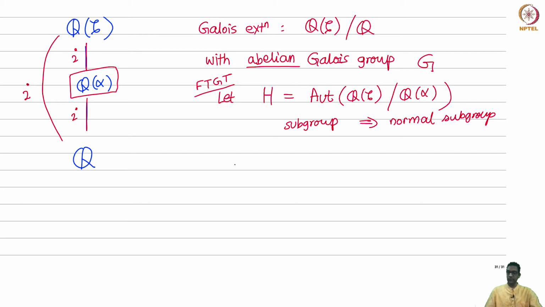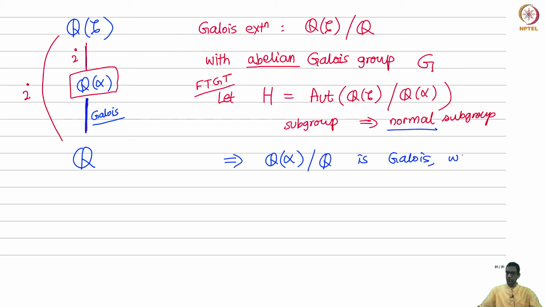It says if your subgroup is normal, then in fact the subfield that it corresponds to, which in this case is Q alpha, is Galois over the base field. So, using the follow-up to the fundamental theorem, if H is normal, then Q alpha over Q is Galois.